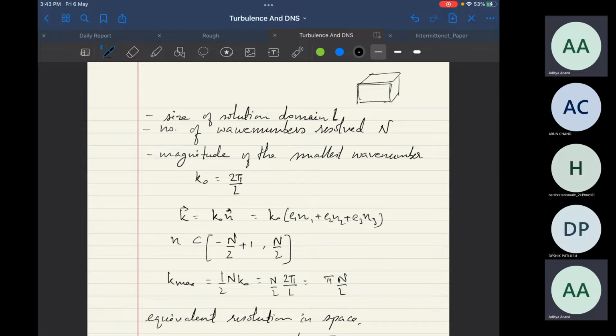Your smallest wave number that you would resolve will have a wavelength of L, so it will be 2 pi by L. Now you can choose to have your wave numbers be multiples of this smallest wave number, so your wave number vector is k naught times the n vector.